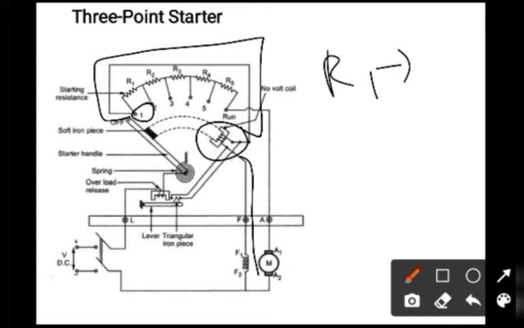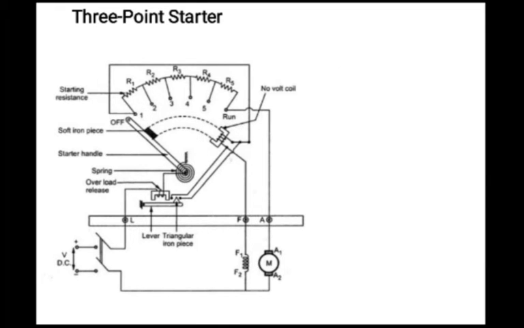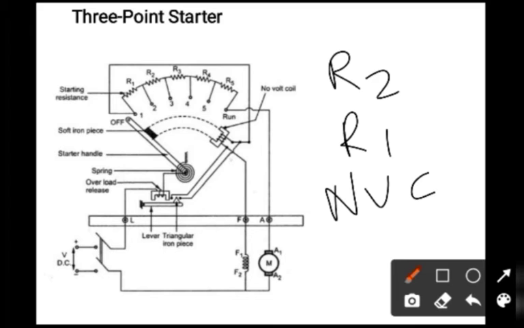The first path is R1, NVC coil and field circuit. Now when the handle is at the second point, the current path will be R2, R1, NVC coil and field circuit.